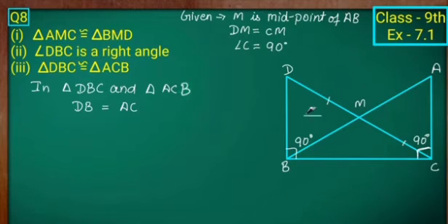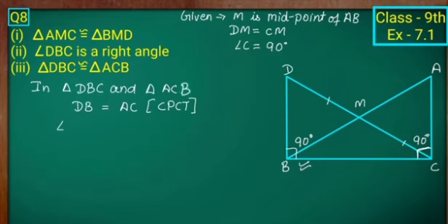So by using that you can say DB equal to AC by the condition CPCT, corresponding parts are equal in congruent triangles. So first part over.